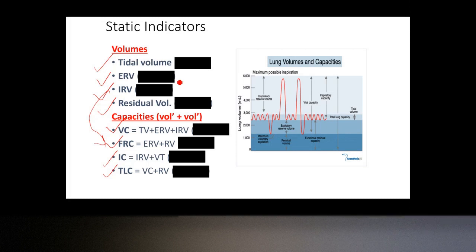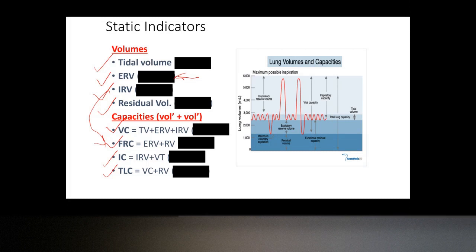Let's start with ERV. Any guesses? No? 1100. Yep, exactly. What about IRV, inspiratory reserve volume? 3000. Mm-hmm.